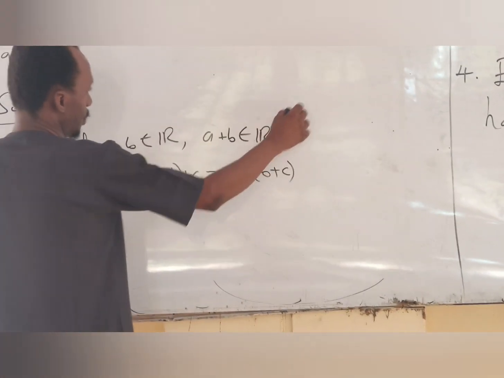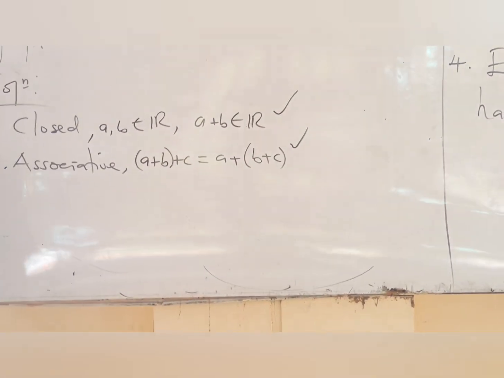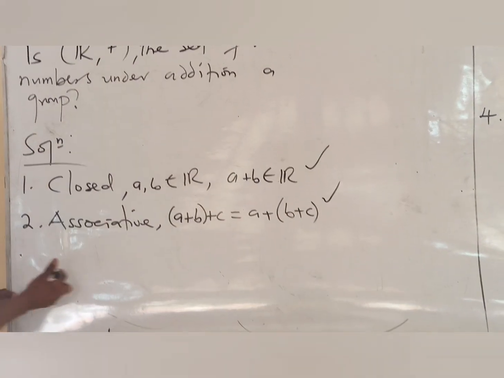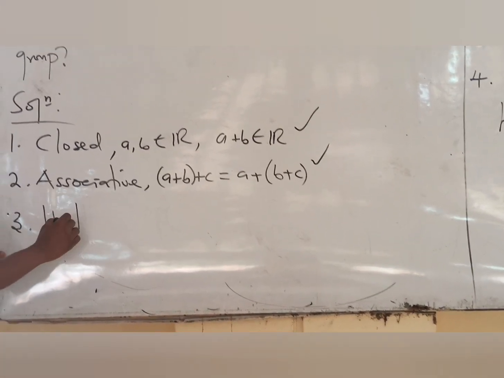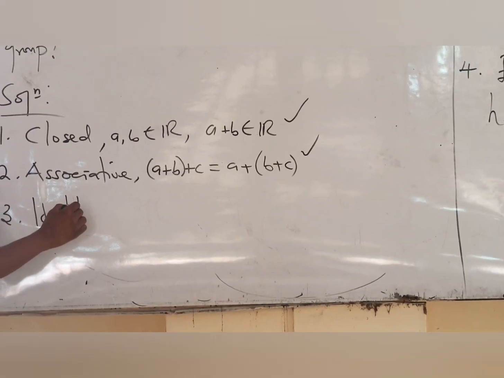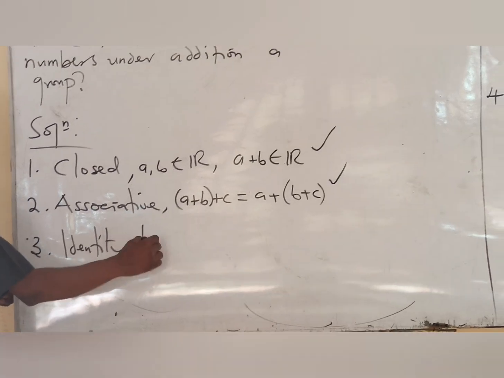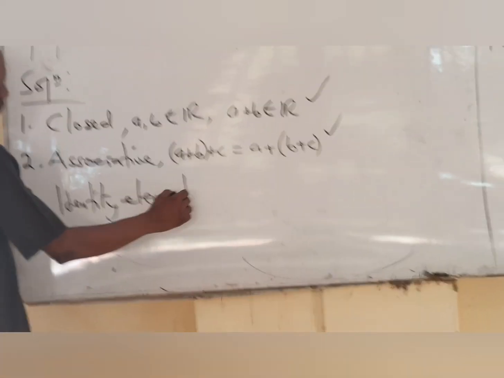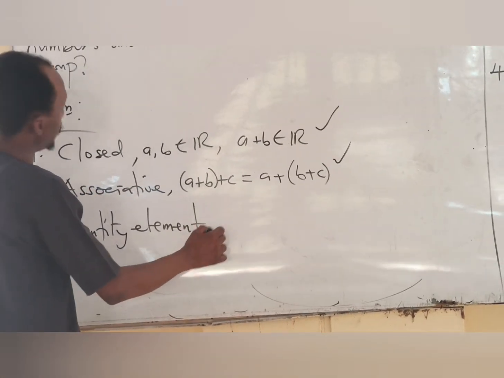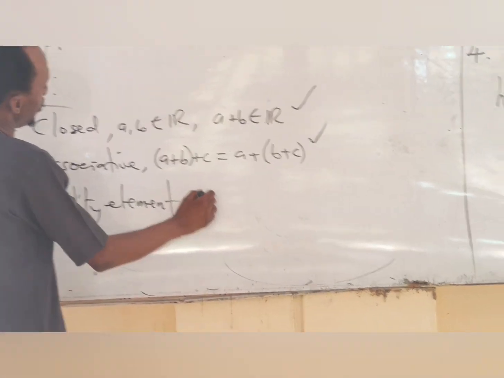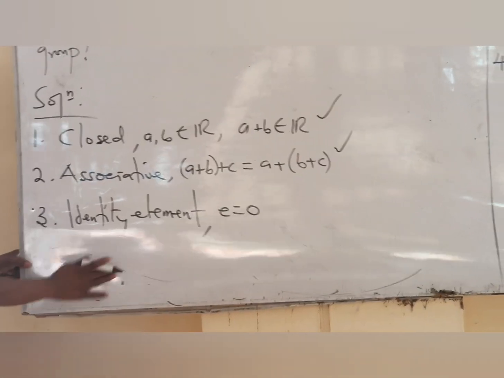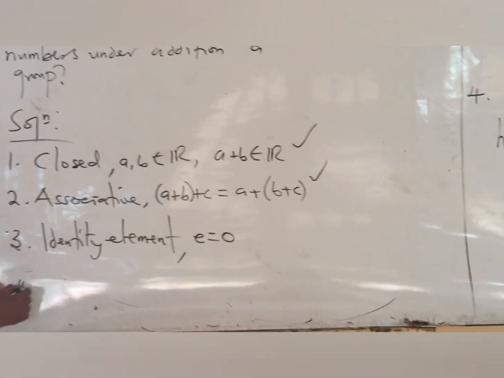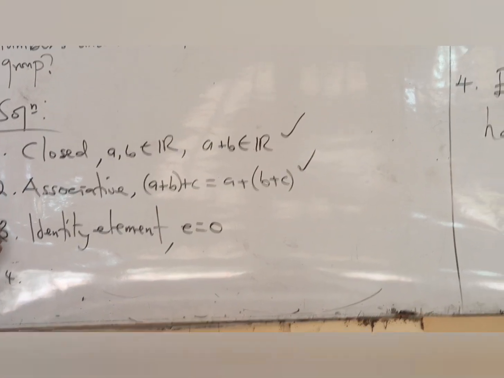So it's closed and associative. Does the operation have an identity element? Yes, the operation is addition, and the identity element for addition is zero. So does every element have an inverse?